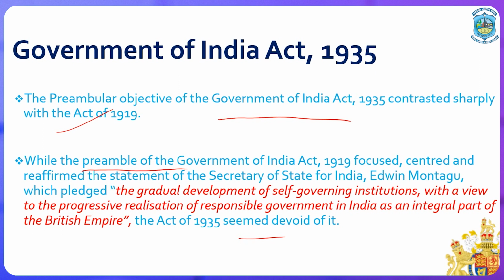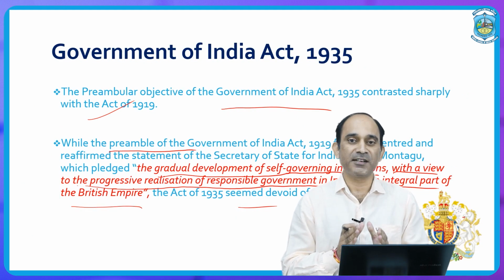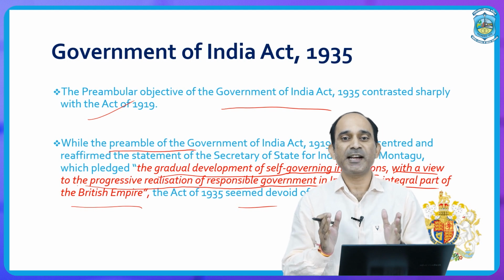If you remember, the previous act's preamble spoke of the gradual development of self-governing institutions with a view to the progressive realization of responsible government in India as an integral part of the British Empire. This was stated in the preamble of the previous act by Edwin Montagu, who was the Secretary of State. And this particular act of 1935 is devoid of any preamble.